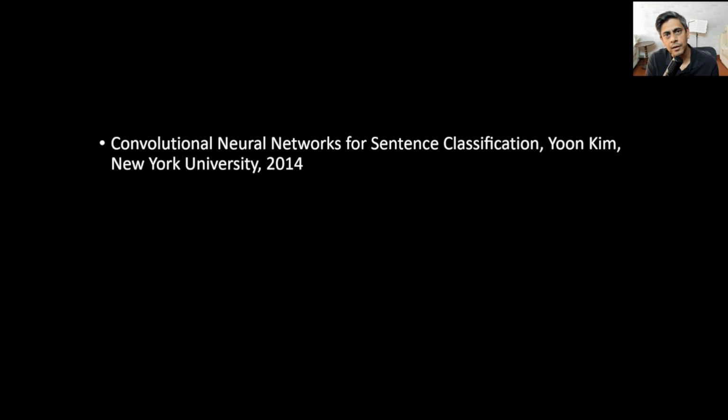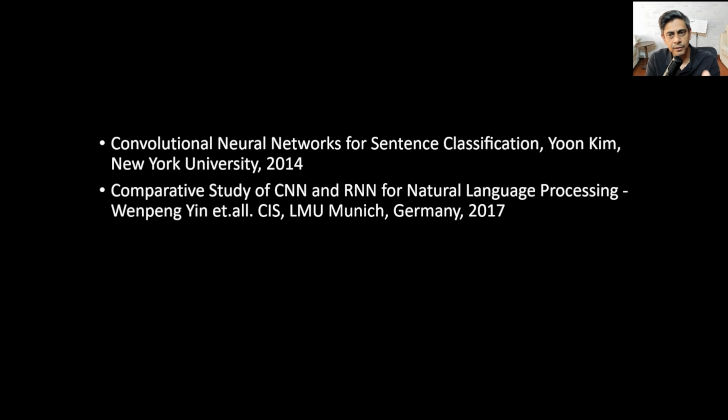Just to motivate us why we are getting into CNN, the application of CNN started long back. You will see that this paper was using CNN for sentence classification. Then in 2017 there is a fantastic study done on the capabilities of CNN and RNN.